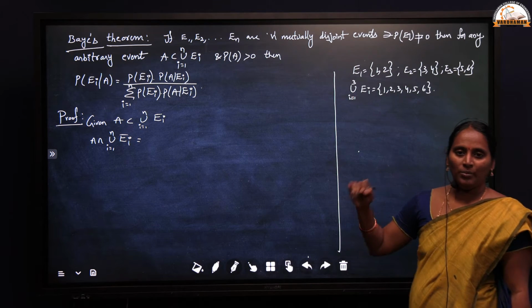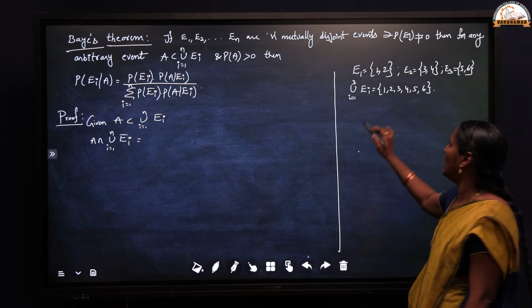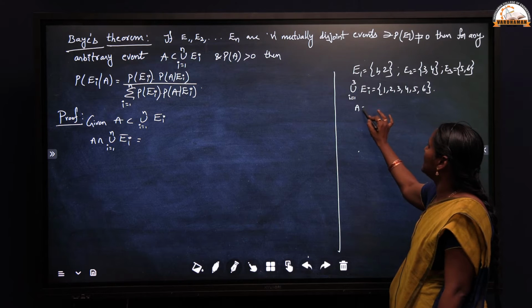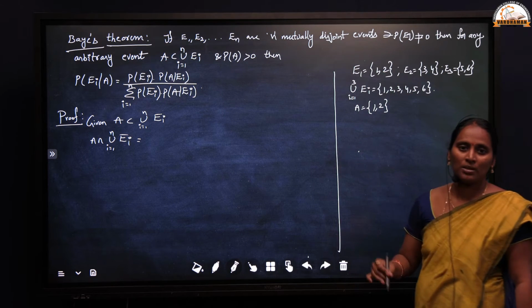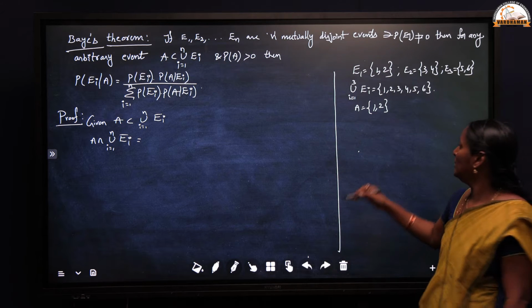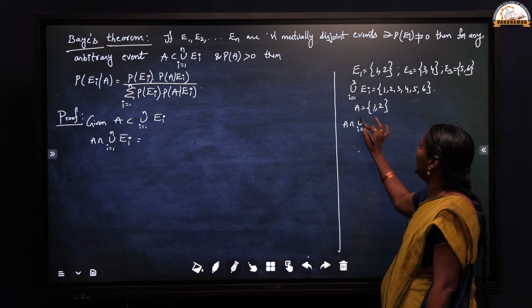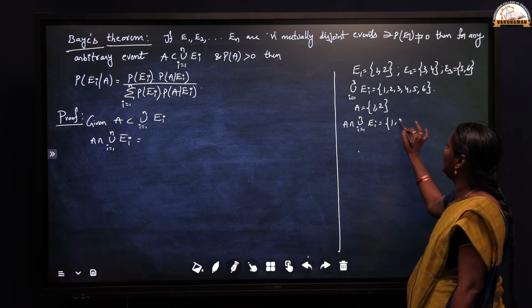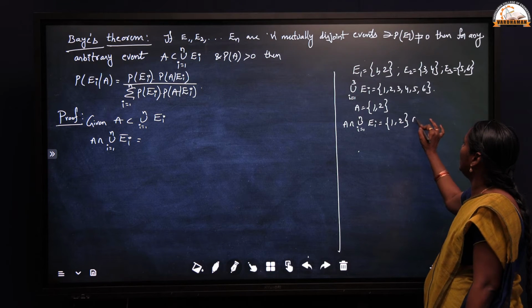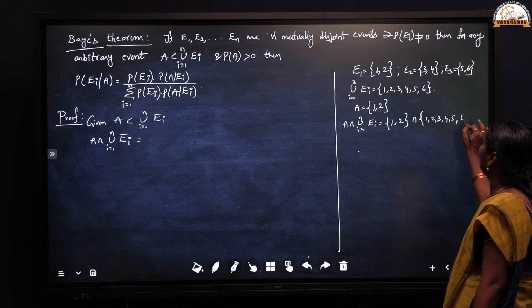Now, what is mentioned in the statement: A is a subset of the union of Ei for i equals 1 to n. So A is a subset, which means I can take whatever elements for A. Suppose I take A as 1, 2. So what happens to A intersection the union of Ei? A is 1, 2, intersected with the union of the Ei sets, which is 1, 2, 3, 4, 5, 6.